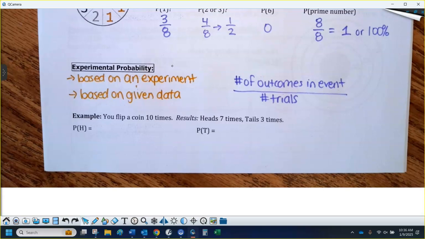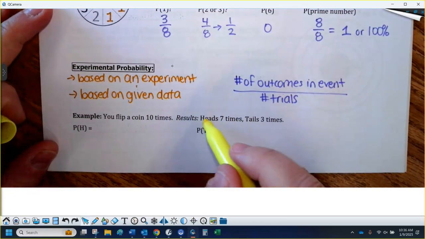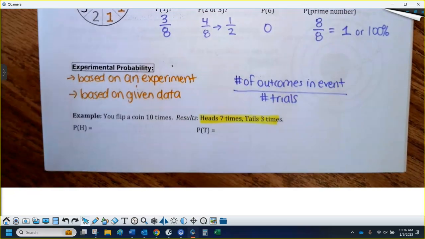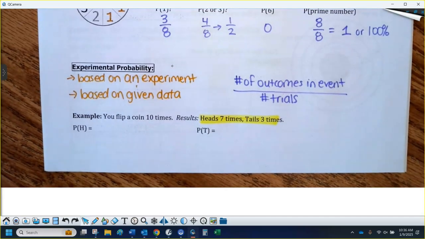So in this question right underneath here, just to illustrate the difference, this says you flip a coin 10 times, right? Now theoretical probability, we already did this. We said half the time we should get heads and half the time we should get tails. That's what should happen. This one says when we did this, we got heads 7 times and tails 3 times.